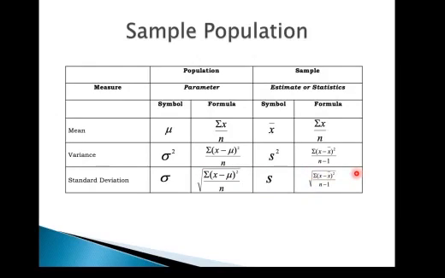Now, if you didn't understand why we need to deduct 1 from n in the sample variance and the sample standard deviation, that's not really very important. It's just nice to know. But you must understand that in the sample variance or sample standard deviation, you deduct 1 from n in the denominator.